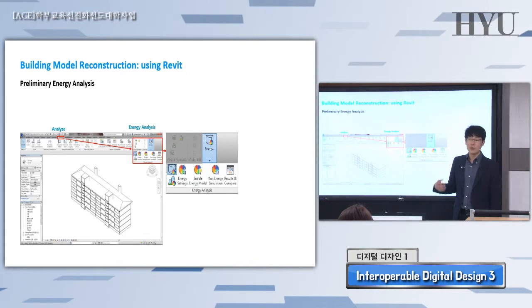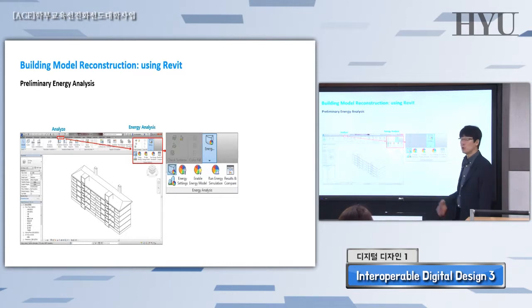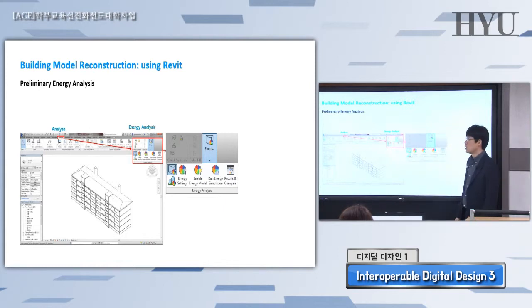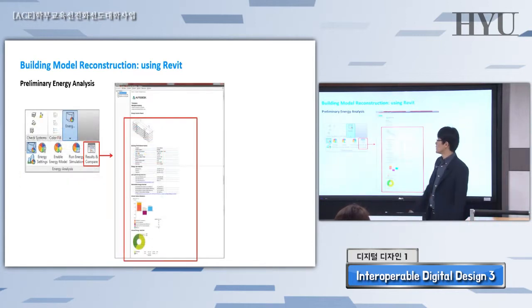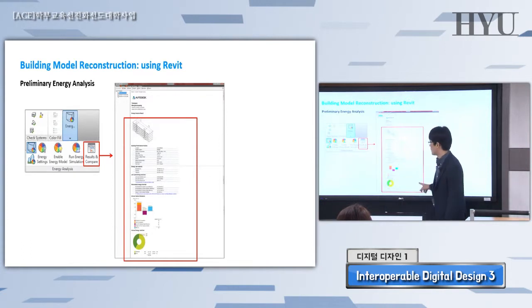Okay, how many kilowatts of electricity are required for this building for maintaining a year, hourly based calculation, and so on. So this kind of BIM application, Revit has this kind of energy calculation options and utility. So if you use this result and compare at the end, you can generate this report.